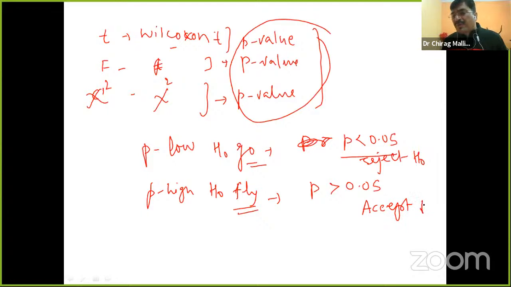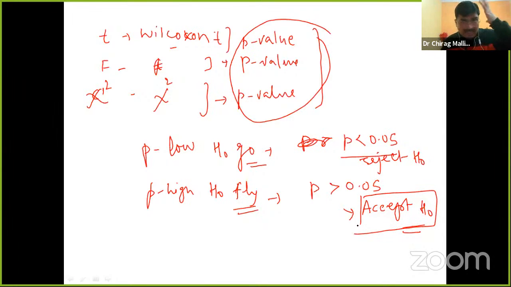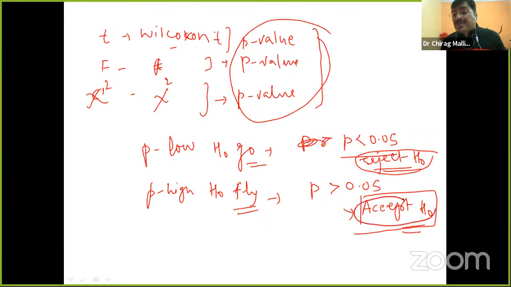However, nobody writes accept, because a null hypothesis is never really accepted, only not rejected. There is a reason behind that, and let's not get into it. Let's write accept only, just for ease of understanding. So we reject the null hypothesis and we accept the null hypothesis.